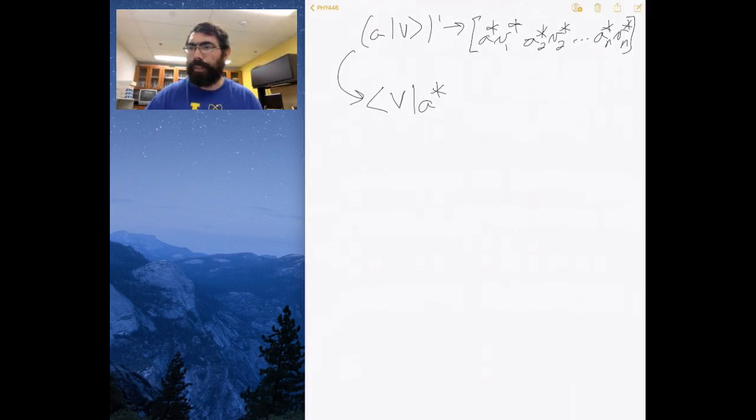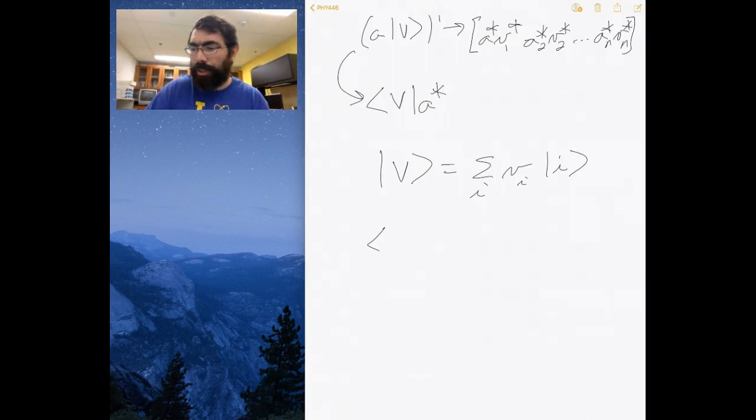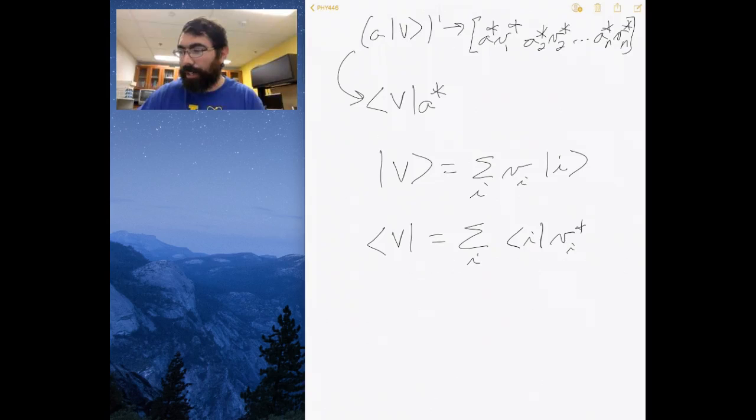So if I think about it, I can rewrite the bra in terms of a sum of basis vectors. If this is my original ket, where I take the sum of all the coefficients times the basis, what is the bra going to look like? I'm still going to take the sum of basis vectors. My basis vectors are now bras, not kets, and the coefficients, which may be complex, I have to take the complex conjugate of.